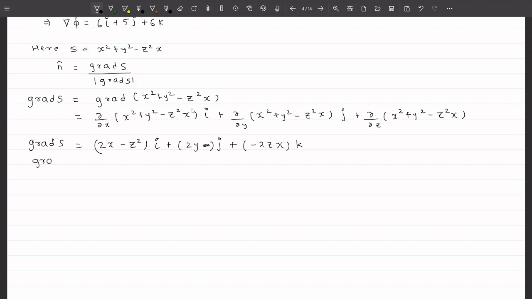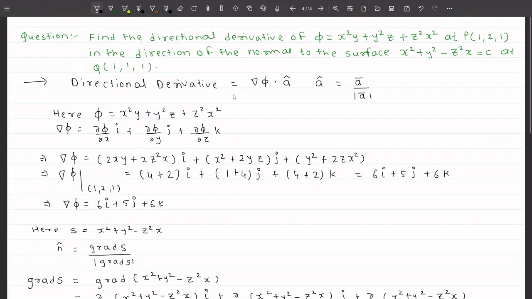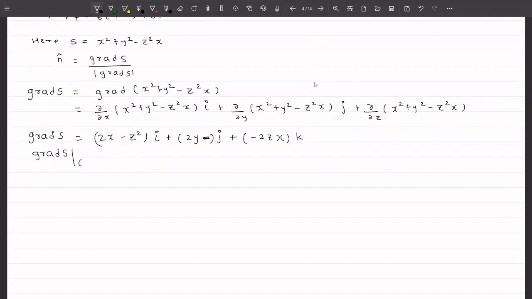Now we need to calculate the gradient of S at the point. Which point is given here? Let us see the question. The surface at (1, 1, 1). So let us put the values. x's value is 1, y's value is 1 and z's value is 1. So it is 2 − 1 i plus 2j minus 2k.